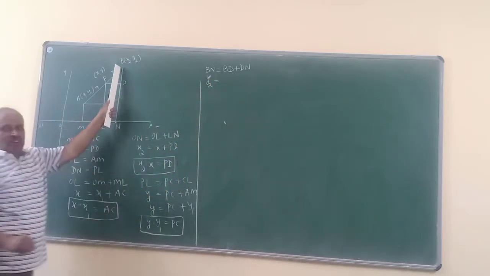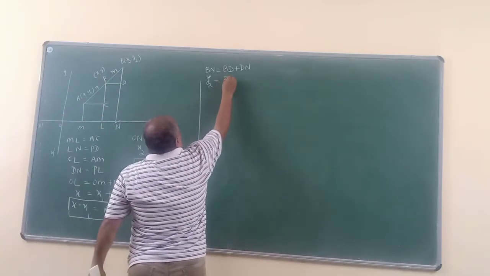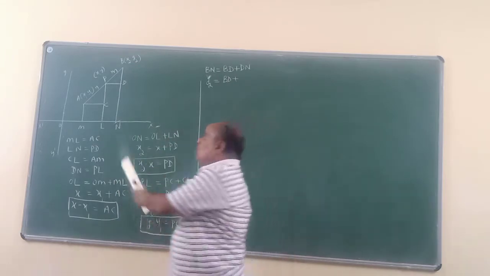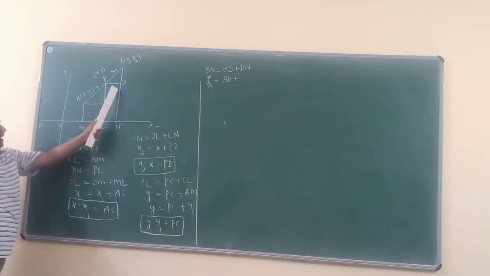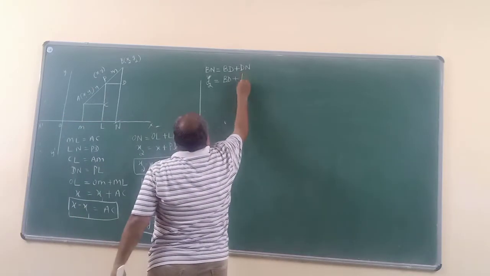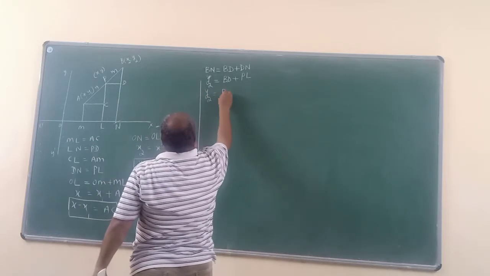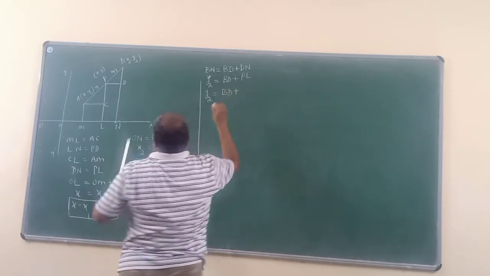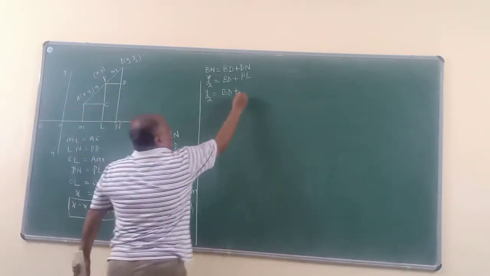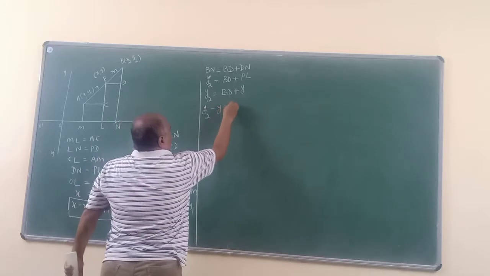You don't know the length of BD, but you know the length of DN. DN is nothing but PL, which is y. So y2 is equal to BD plus y. Therefore y2 minus y is equal to BD.